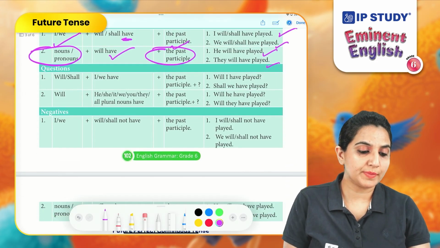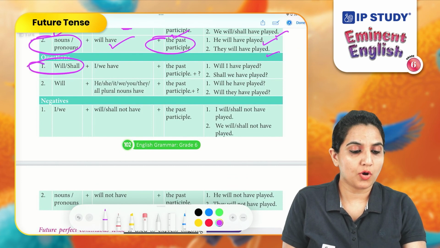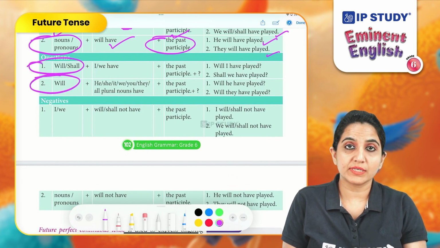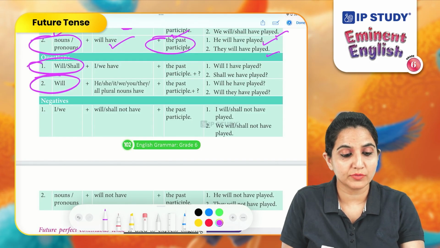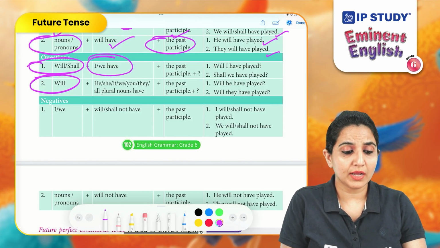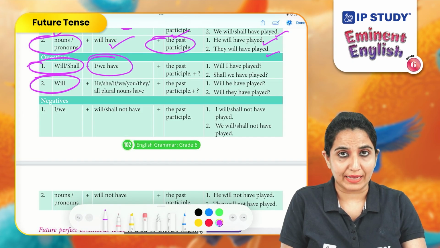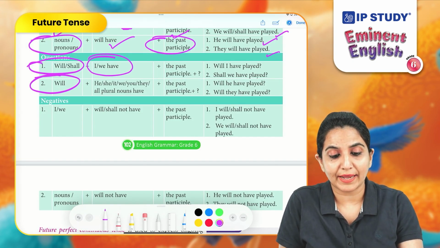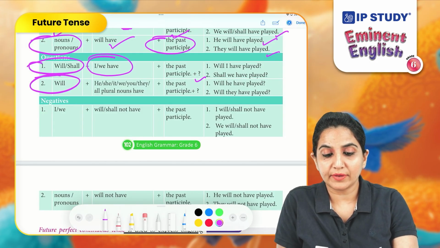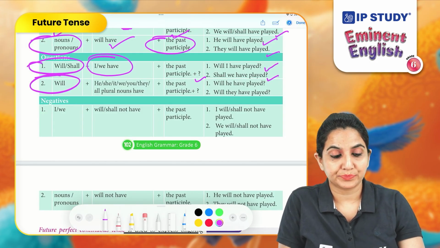For the questions beginning with will or shall, we use it as per the person. For the first person, singular and plural pronouns, will I have, shall we have, right? So I have, we have, along with the past participle and a question mark. Will I have played? Shall we have played?